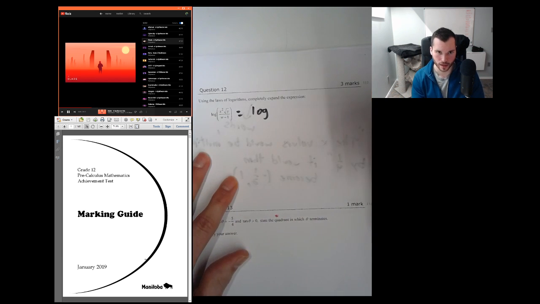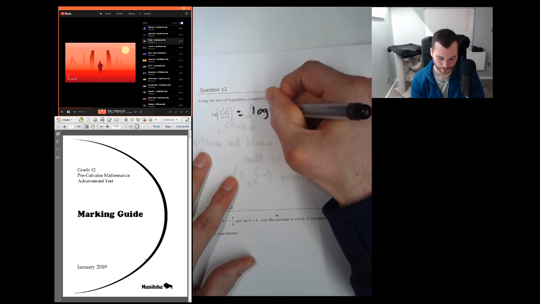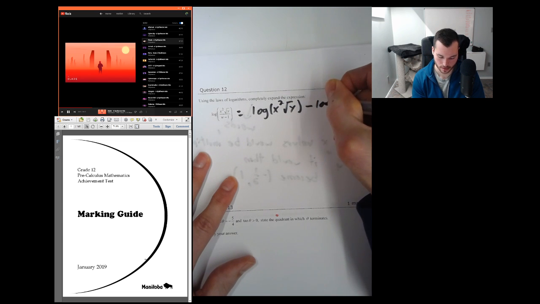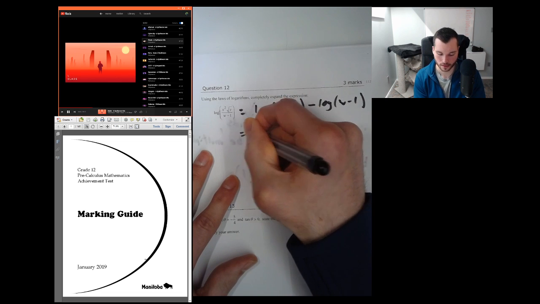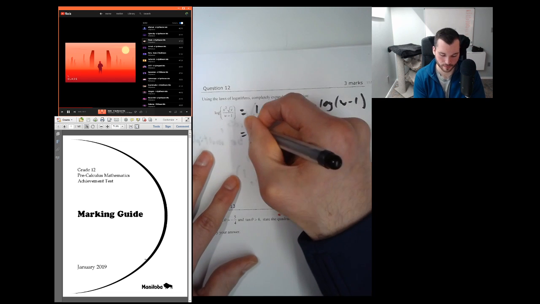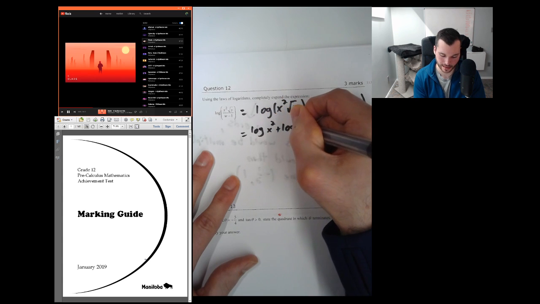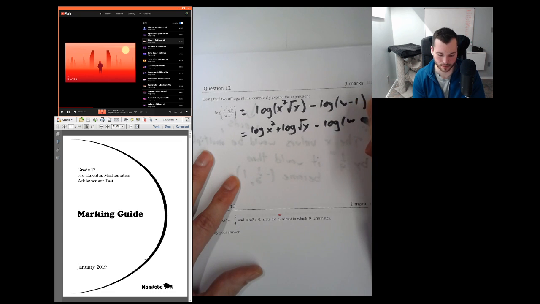Okay, so we got log, and let's do the first one right off the bat, the subtraction. Log of w minus 1. Hey, we got 1 mark right off the bat. Let's do this. It's multiplication. Log x squared plus log y to the one half, minus log. Can't split up this one, right?